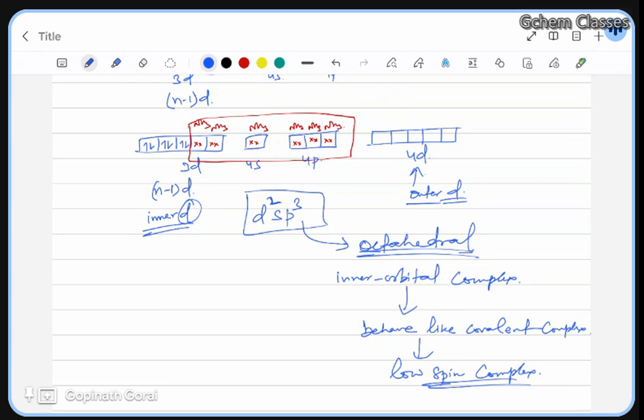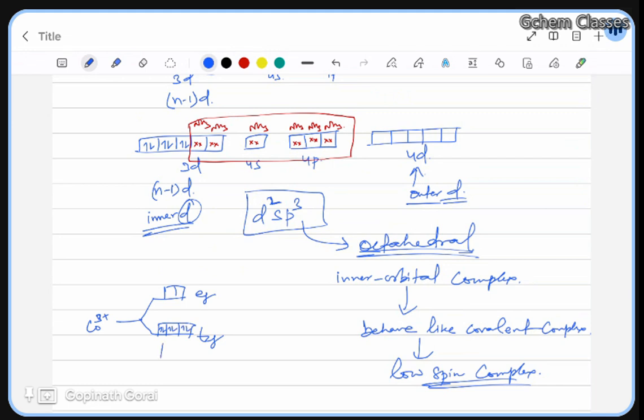You will understand low spin and high spin complexes once we move to crystal field theory, where the splitting happens. There, the splitting is into t2g and eg, where t2g has 3 orbitals and eg has 2. Now, if we write the electrons for this cobalt 3+, they will be 1, 2, 3, 4, 5, 6, and these two are empty.